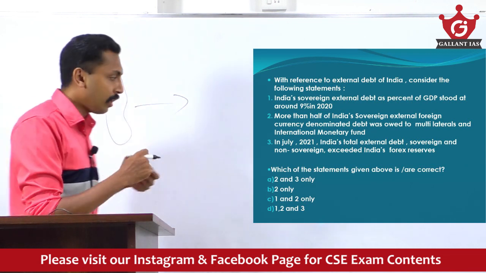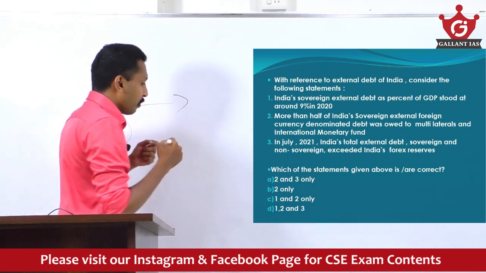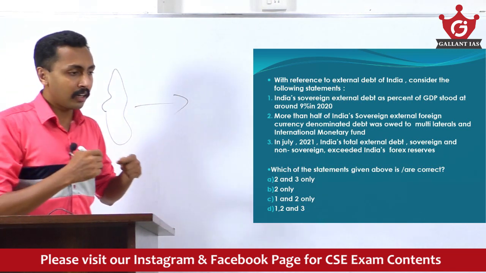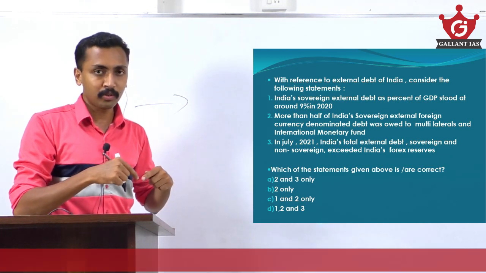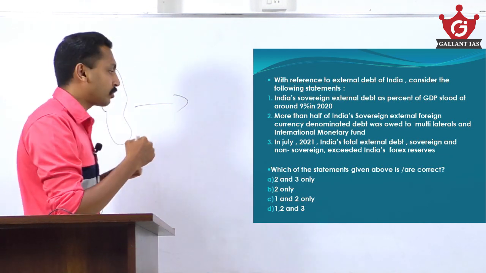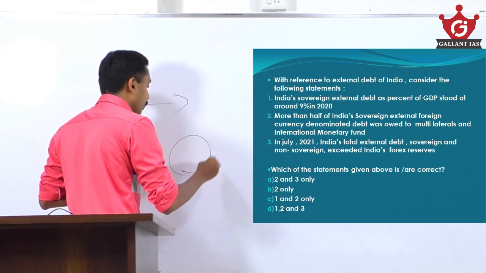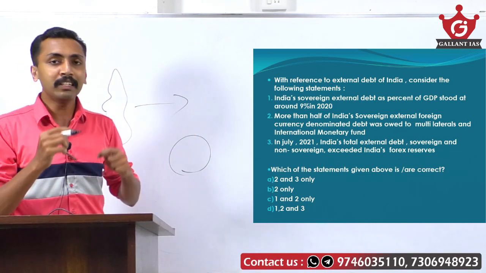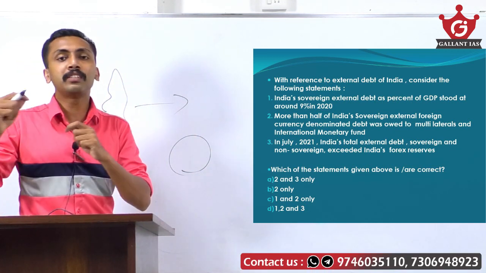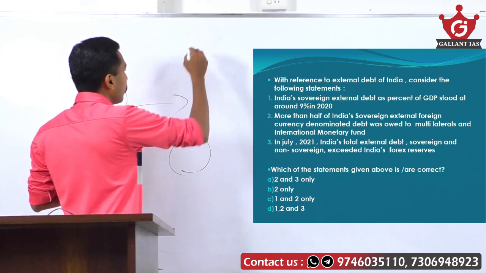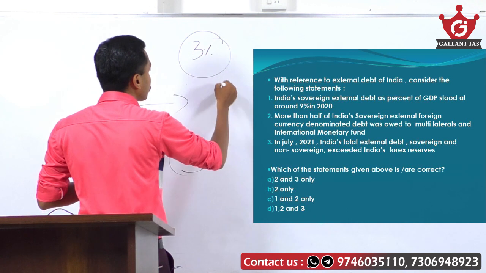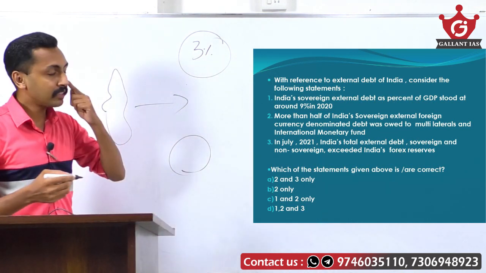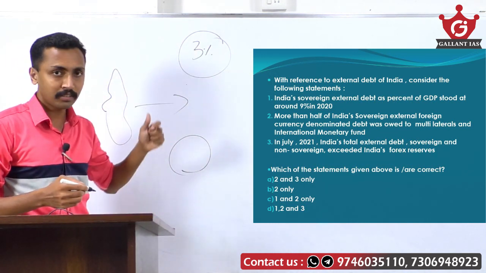The thing is that most of India's sovereign debt is not from the outside world, it's from inside our market. The Indian government is mostly borrowing from within our country. So the sovereign debt of our country is very small compared with the GDP. It's less than 3% of the GDP size.